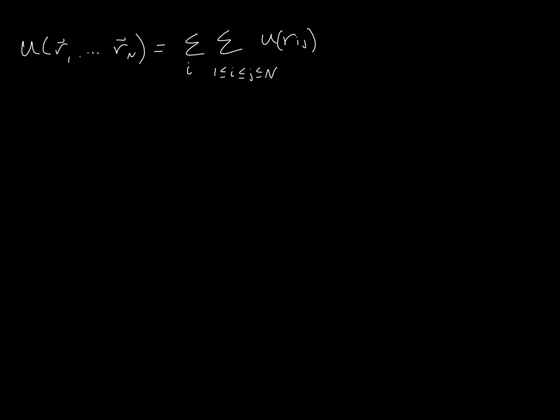As binary interactions. So these limits here of the summation are just so that we don't double count binary pairs.